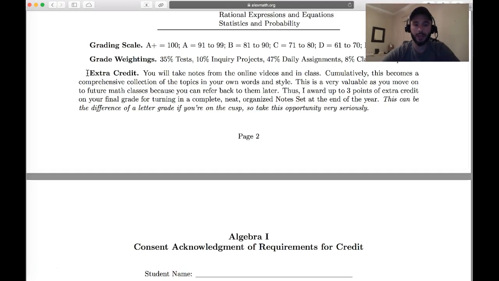So if you're sitting at an 89, which if you look right here would be a B, and you turn in your note set, you could be bumped up to a 92, which would put you at an A. So it can really make the difference between a letter grade if you're right on the cusp.